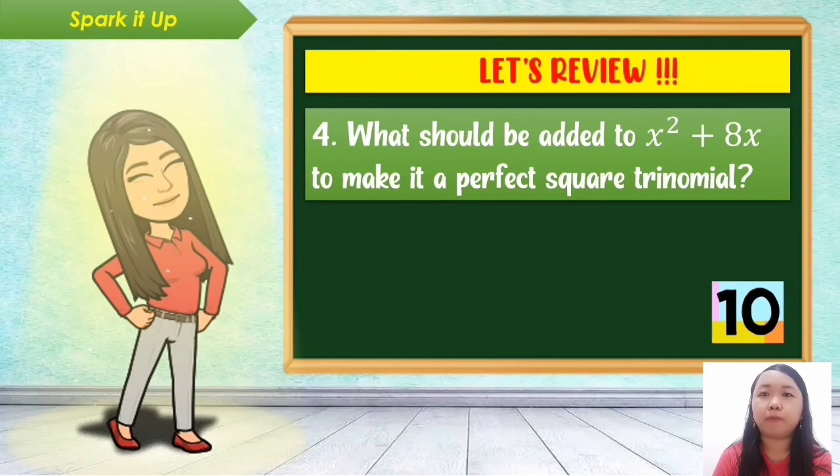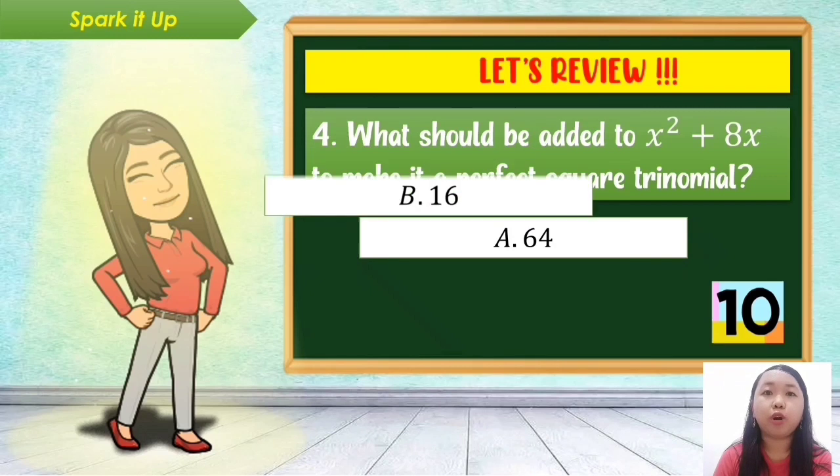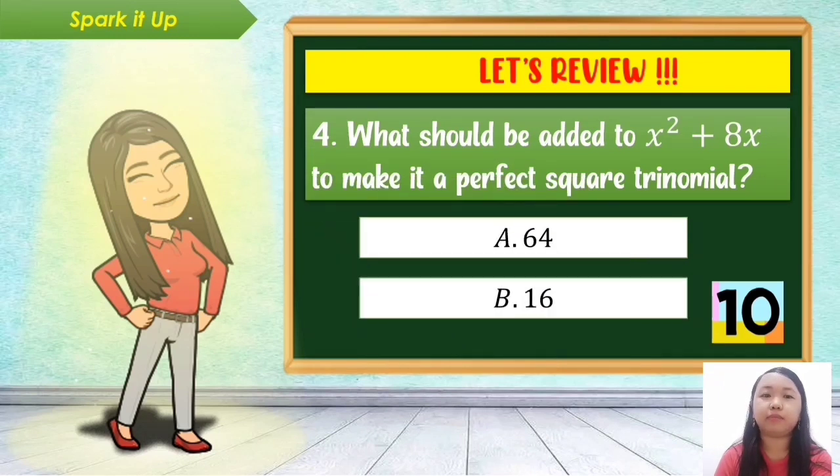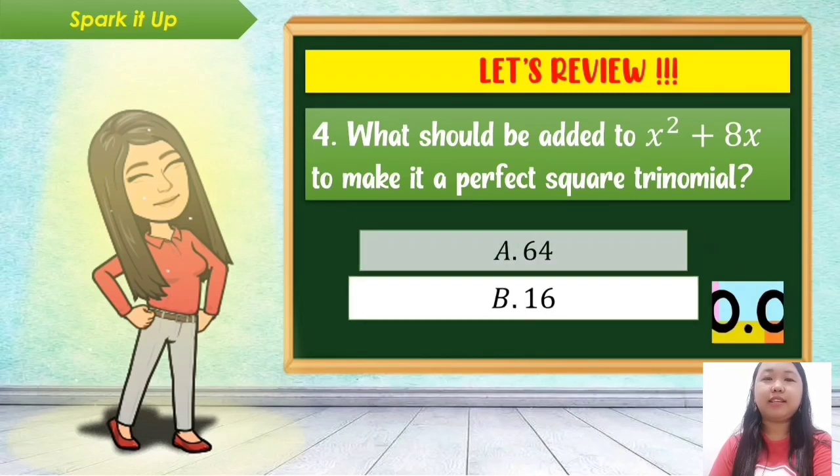Number 4, what should be added to x squared plus 8x to make it a perfect square trinomial? Is it A, 64, or B, 16? The answer is 16.